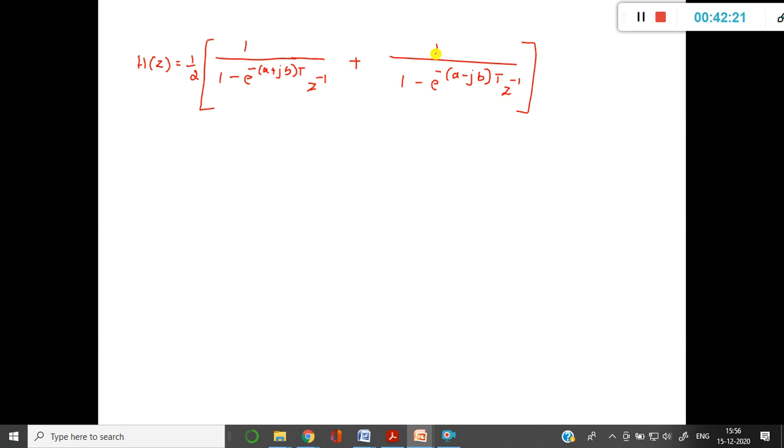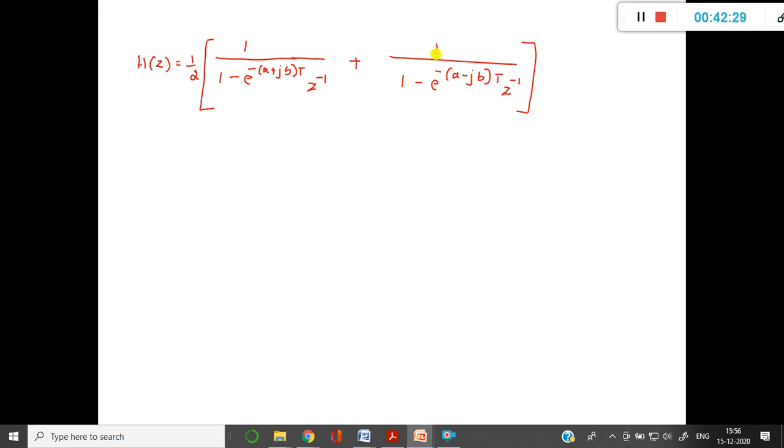So h of z is 1 by 2 times 1 divided by 1 minus e to the power of (minus a plus jb) T z inverse, plus 1 divided by 1 minus e to the power of (minus a minus jb) T z to the power of minus 1. Solve this, take the LCM and solve.